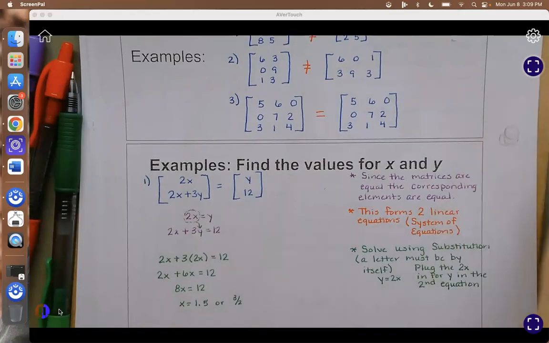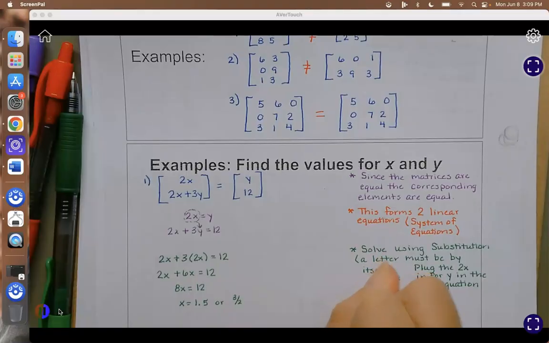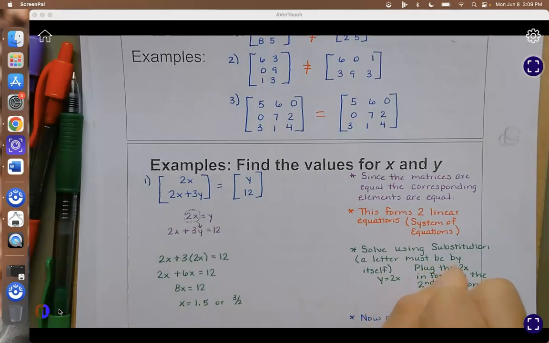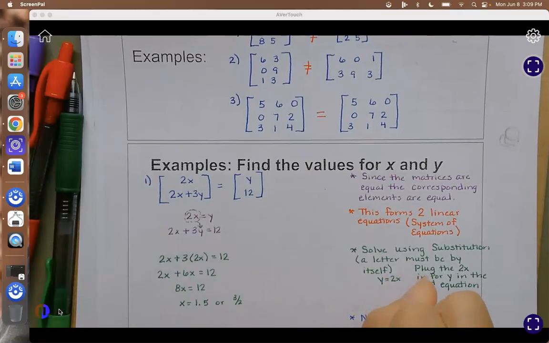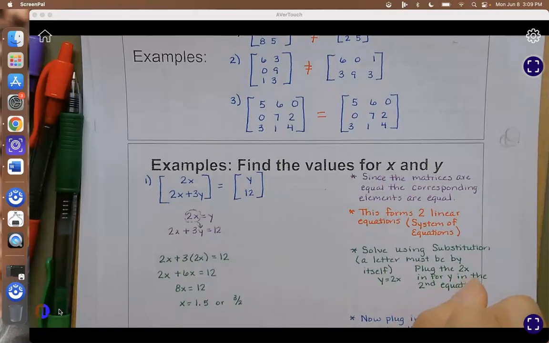Okay? Then the last thing we need to do is figure out what y is. So the last step, now plug in 1.5 for x in the first equation.